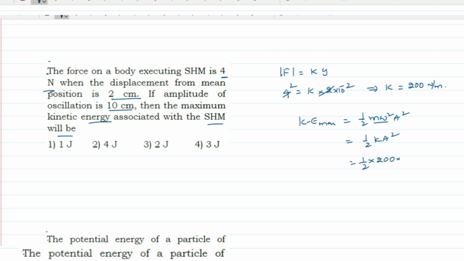The amplitude is given as 10 centimeter, so 10 into 10 power minus 2 whole square. So this is 200 times 10 power minus 1 whole square, which is 10 power minus 2. Here it will get cancelled. Then the maximum kinetic energy will be 1 joule. This is the correct answer.